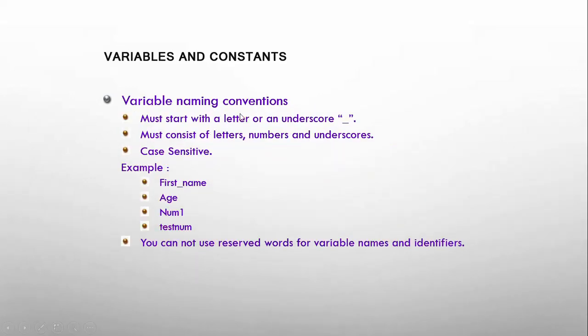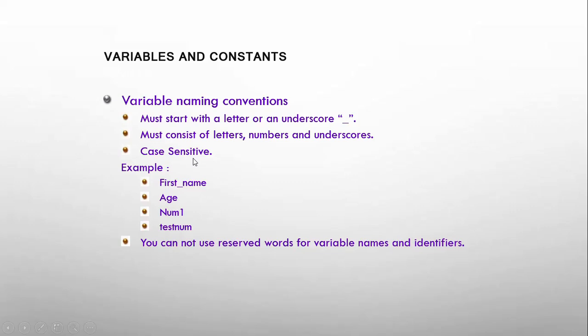Variable naming conventions: must start with a letter or an underscore, must consist of letters, numbers and underscore, and are case sensitive. Once you are making variables, you have to start with a letter, I mean A to Z, any letter you can choose, or an underscore as well. Case sensitive means you have to take care of the variable name, capital letter and small letter.